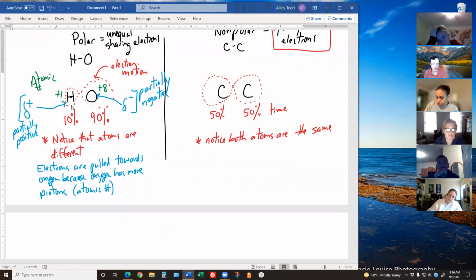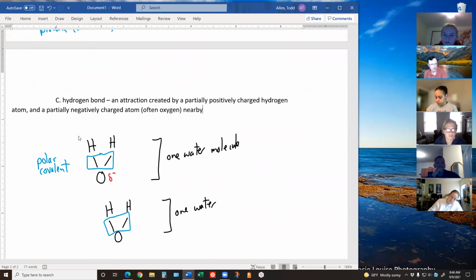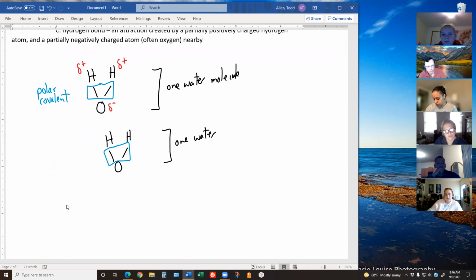And the electron that's spending more of its time away from home, away from hydrogen, is going to cause the hydrogen atom to take on a partial positive charge. So I'm going to have partial positives around each of the hydrogens. And that response that we're just diagramming right now is going to happen around each water molecule. And so what have we created here? We've created two water molecules that are polar.